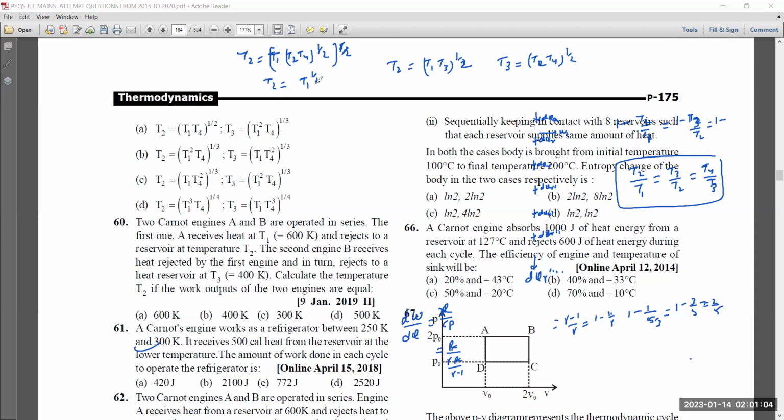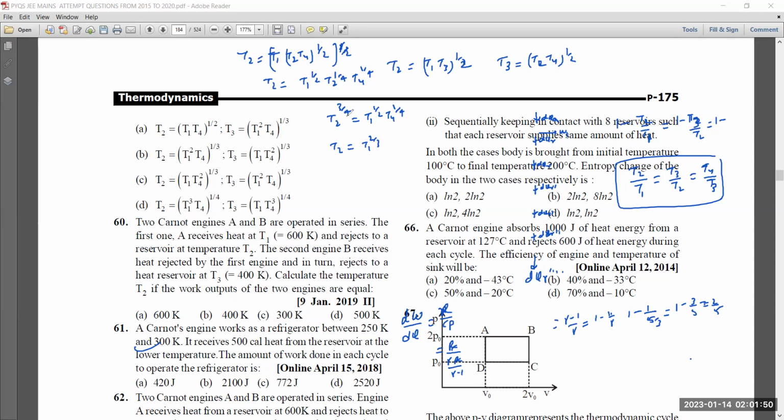So T2 is how much? T1 power 1 by 2, T2 power 1 by 4, and T4 power 1 by 4, right? So take T2 to the other side, so T2 power 3 by 4 is T1 power 1 by 2. Okay. So T2 is T1 square T4 whole to the power 1 by 3. T2 is 2 by 3, no? So 4 by 3 into 1 by 2.